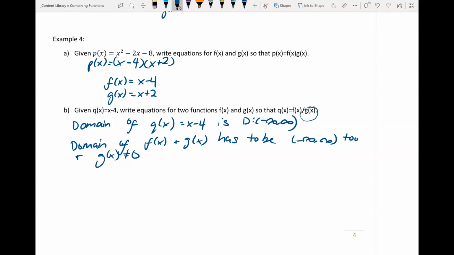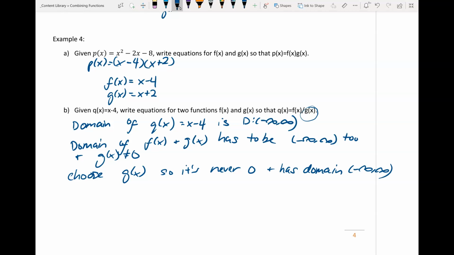So that means we need to choose a g of x so it's never 0. And it also has to have the domain negative infinity to positive infinity.